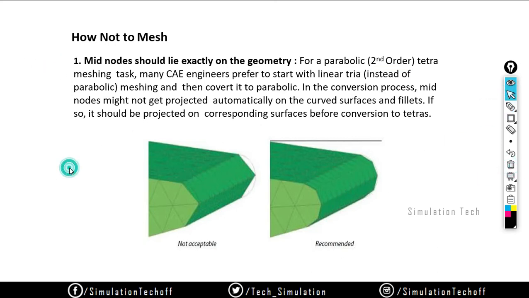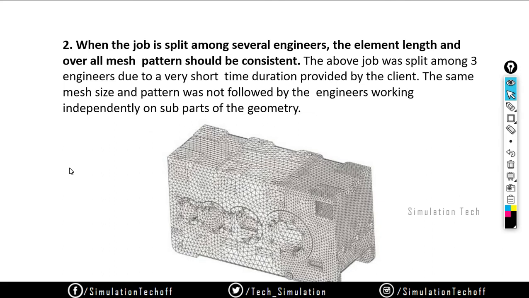And the next thing is, when the job is split among several engineers, the element length and overall mesh pattern should be consistent. Okay, you may face this issue if you are going for a mesh engineer job. Your company will work on a big model. You can't mesh the whole component by yourself.